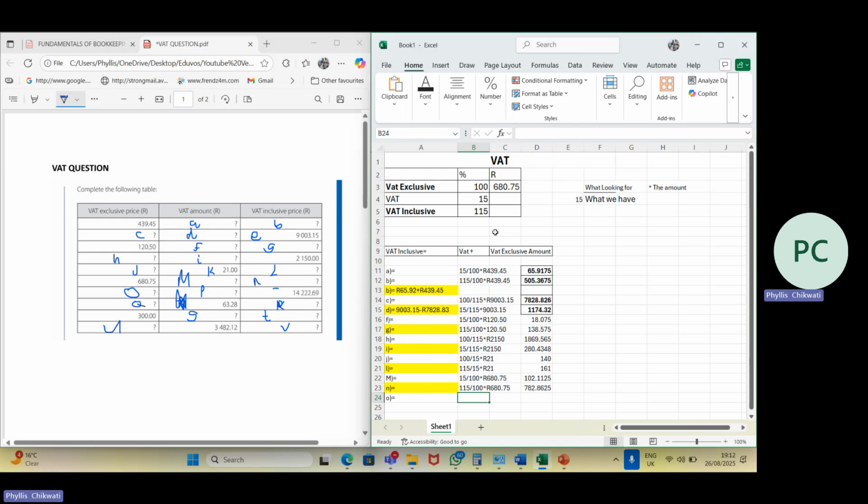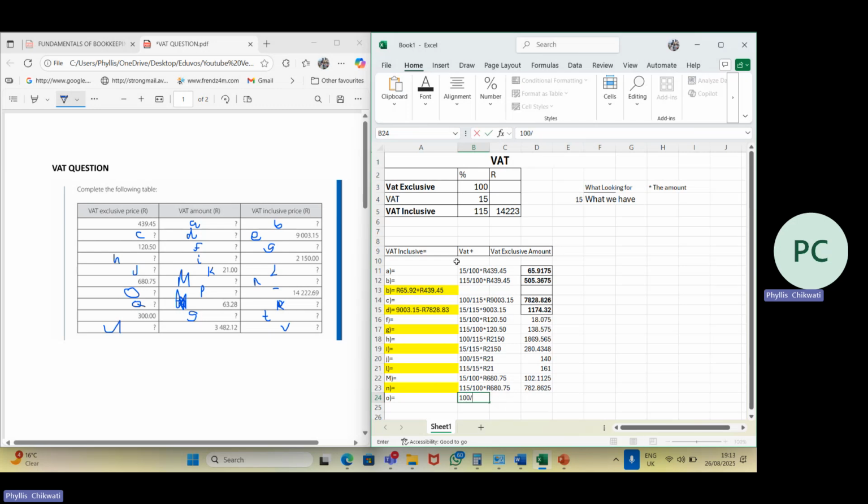Let's just complete our table. Our VAT inclusive amount is 14,122.69.